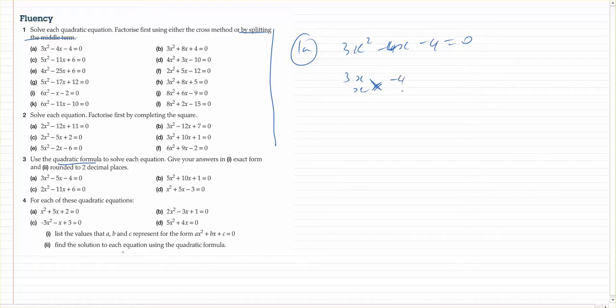You've got negative 4, 1, 1, negative 4, negative 1, 4, 4, negative 1, and 2, 2, 2, 2, negative, negative. I guess it doesn't really matter, you can have negative, negative there. Alright, so check the factors, check which one works.